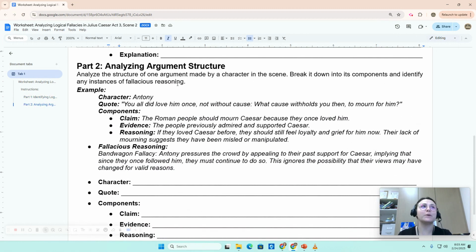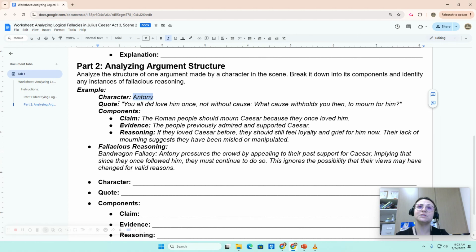And then the next part that we are going to look at is analyzing the argument's structure. So you are going to again identify the character, the quote, and then you're going to break down their arguments. You're going to tell me their claim, which is what they are actually arguing, and then you are going to tell me the evidence for their argument, and then you are going to give me the reasoning. So for example, I picked Antony, and he said, "You all did love him once, not without cause.